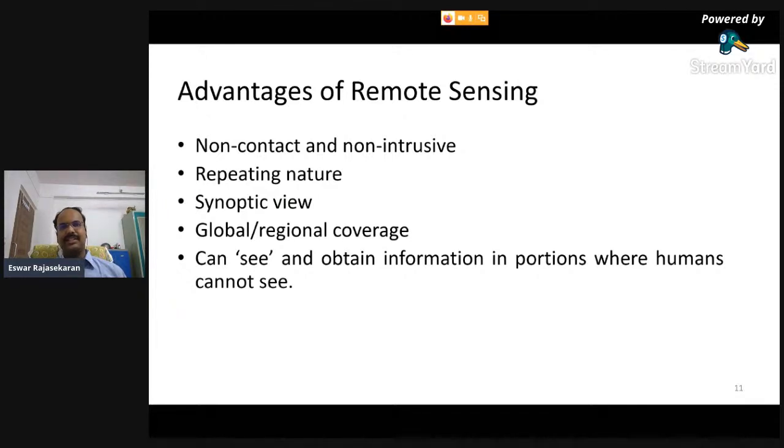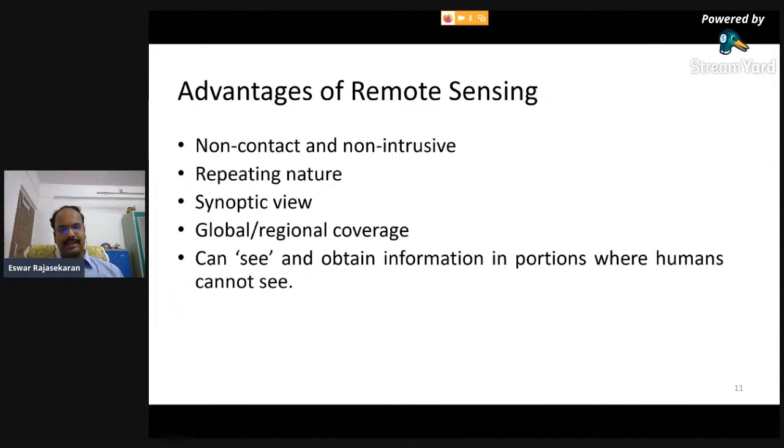Being non-intrusive, it also provides remote access to wherever we want to observe. Say there is a forest fire happening, I cannot go inside the burning forest to collect data. I have to do it from space. If there's a hurricane happening, I cannot go to the eye of the hurricane to collect meteorological information. I have to do it remotely. So this non-contact nature provides me remote access.